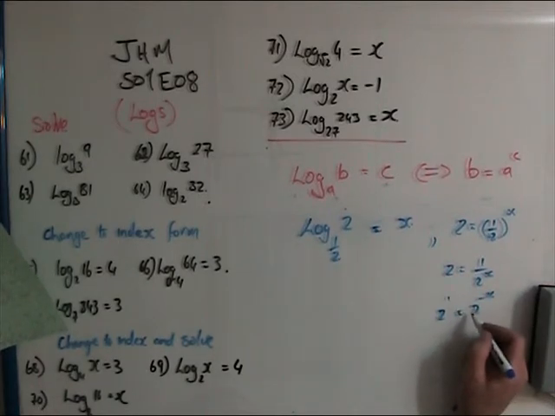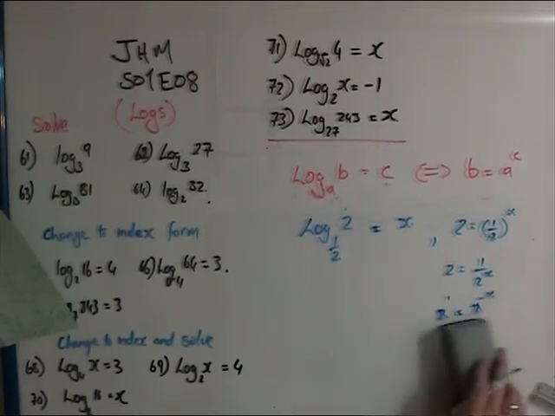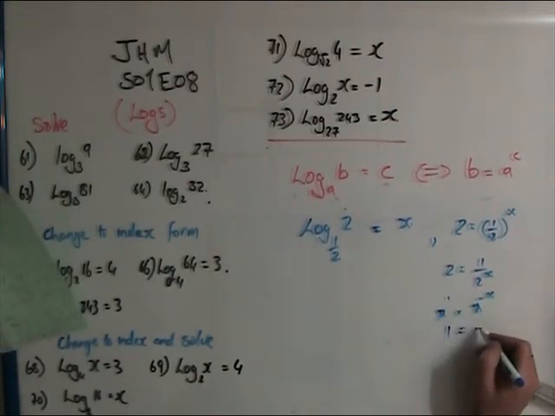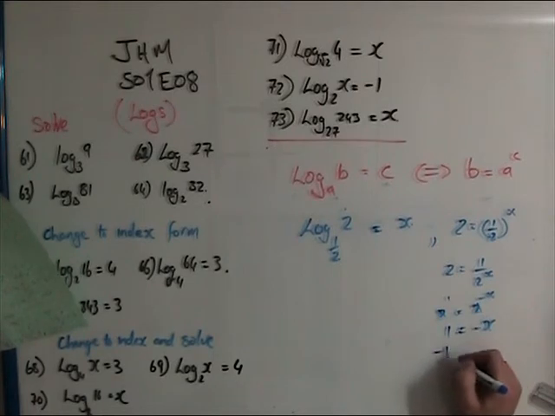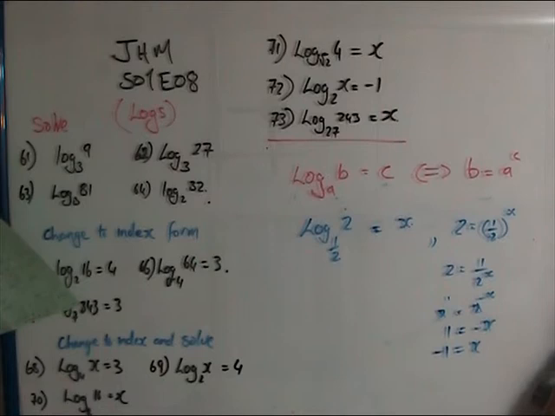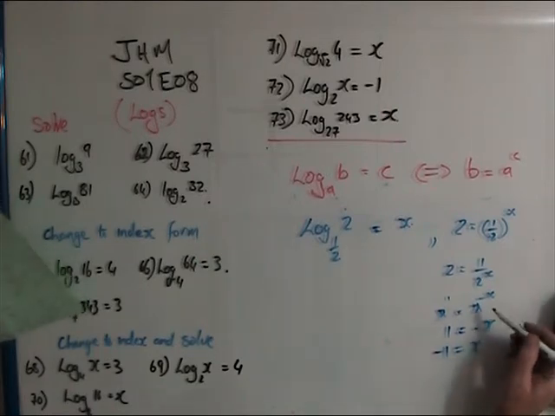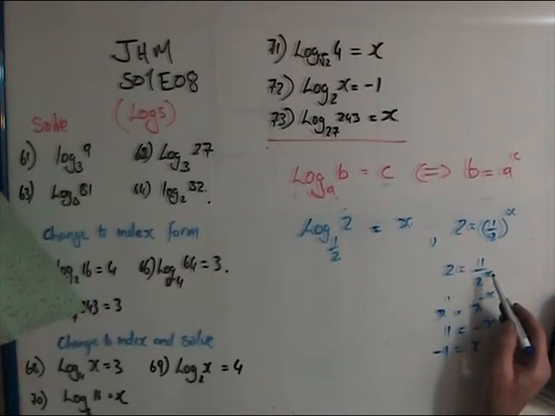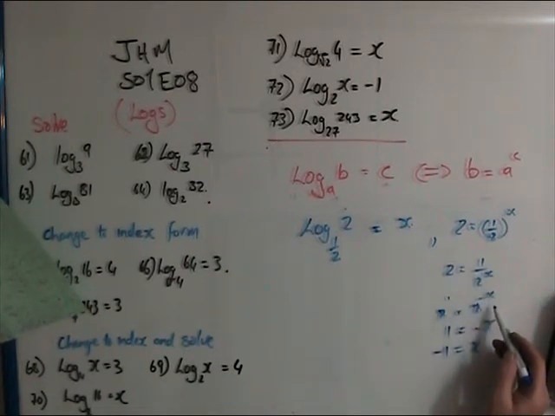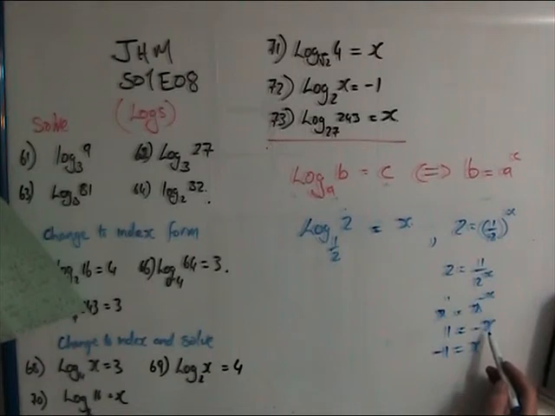Cancel the bases. Minus x is equal to 1, so change across the signs: minus 1 is equal to x, or x is equal to minus 1.